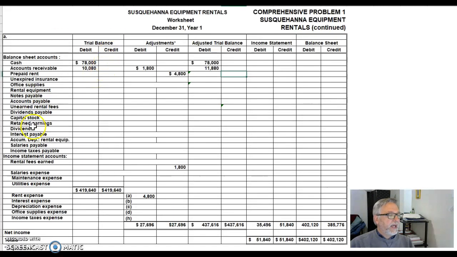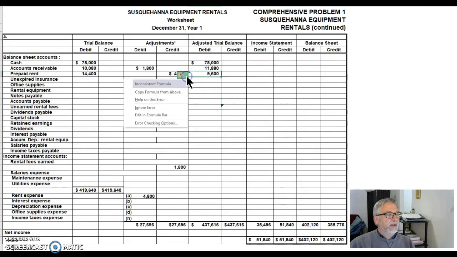Let's see, we probably had, yeah, no, we had prepaid rent. We had some prepaid rent there. You've got a debit, so that's going to end up. The difference between the two is going to end up right there.